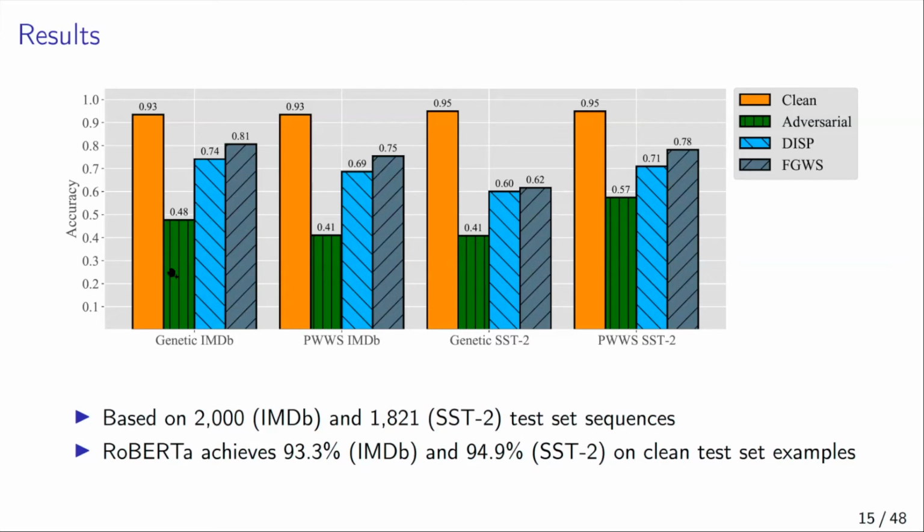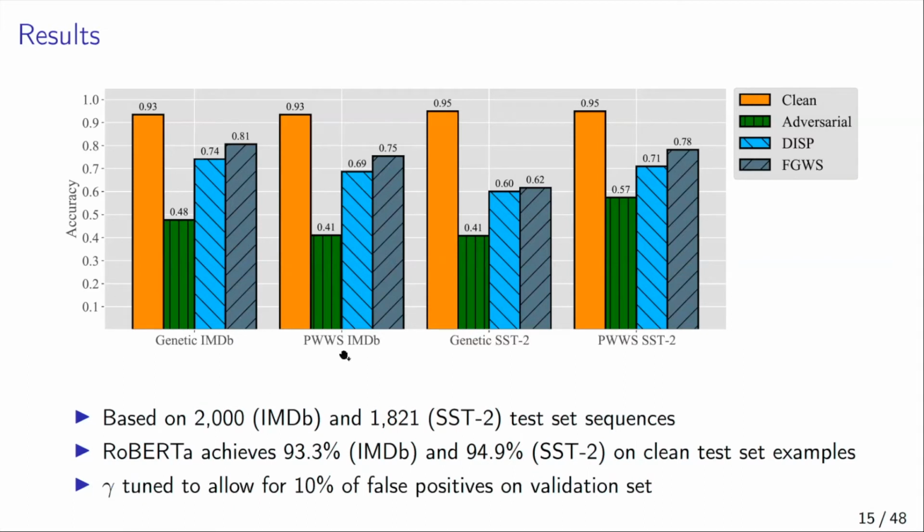So we can see that the accuracy, for example, on the genetic attack on IMDb has been restored from 48% to 74% using DISP, and using FGWS we achieve a restored accuracy of 81% by just using these frequency-guided word substitutions in order to transform our sequence before we feed it into the model again. And we can see similar results here for the 3 other configurations.